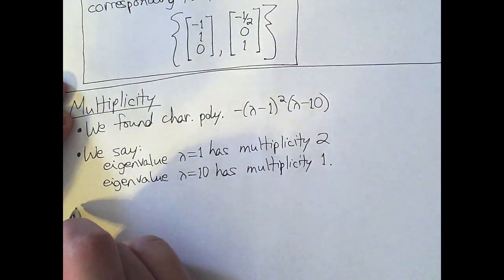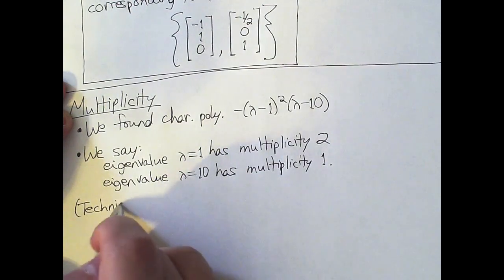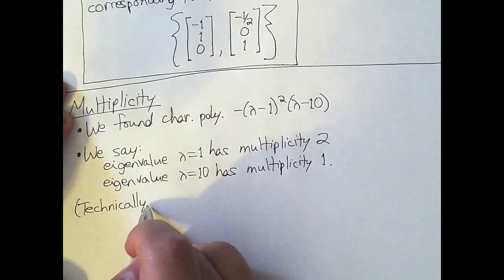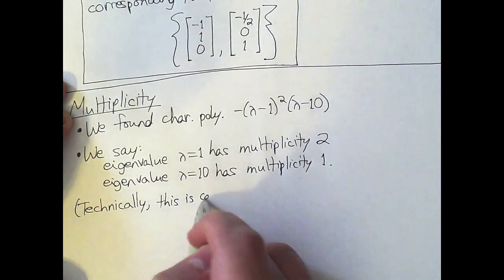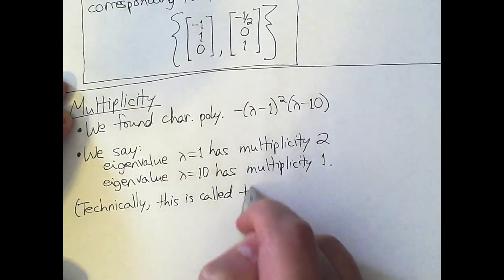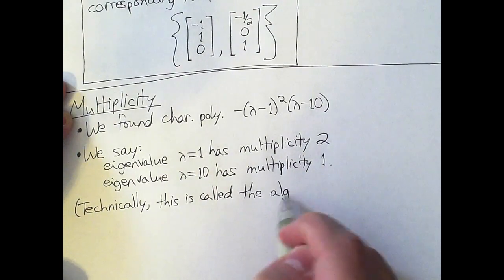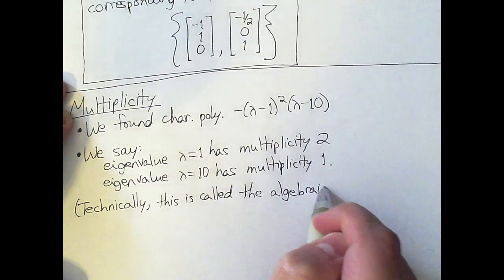I want to tell you that technically, I don't know if the book actually tells you this, but technically this is called the algebraic multiplicity.